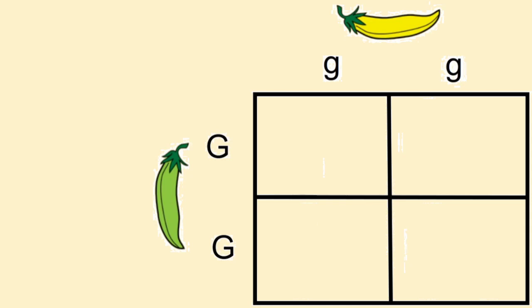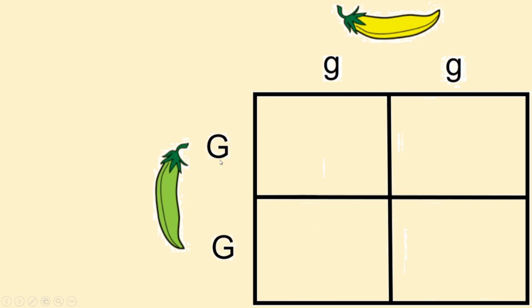The allele for being a yellow pea pod is recessive. So remember from last time, you need two recessive genes, two recessive alleles, in order to have that characteristic appear. If you've only got one dominant and one recessive, you'll have the dominant trait. You'll have the dominant characteristic.